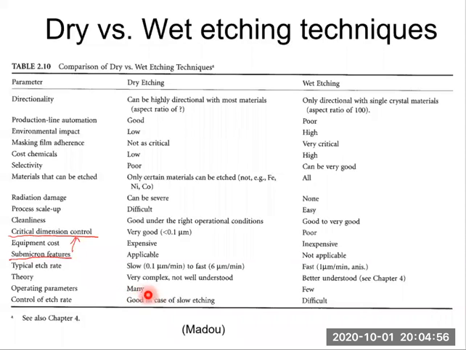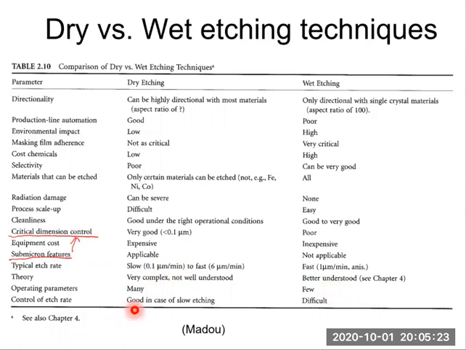Operating parameters: for dry etching there are many operating parameters, for example the plasma gas, the gas pressure, flow rate, and bias potential. For wet etching, there are few operating parameters.